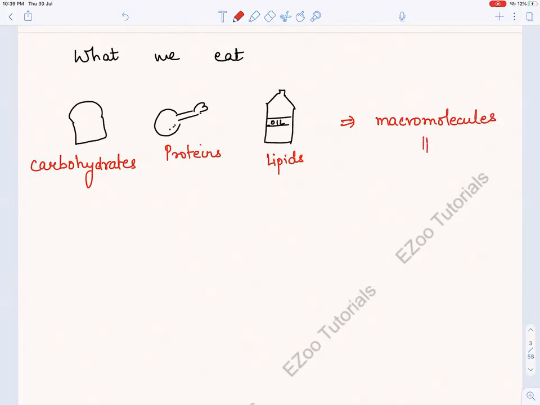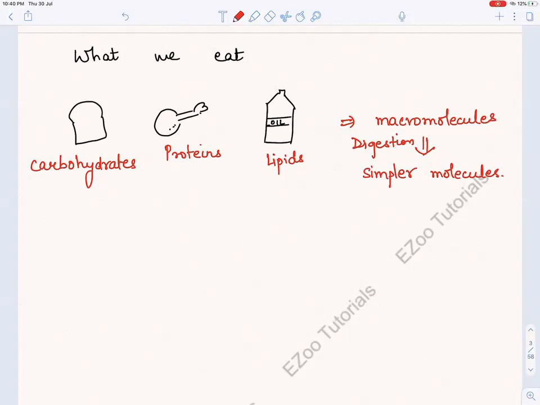So the body breaks these macromolecules into simpler molecules. And this becomes digestion. Breaking of macromolecules into simpler molecules is the simplest definition of digestion. We are not looking currently at the definition of digestion. We are just enjoying our session.